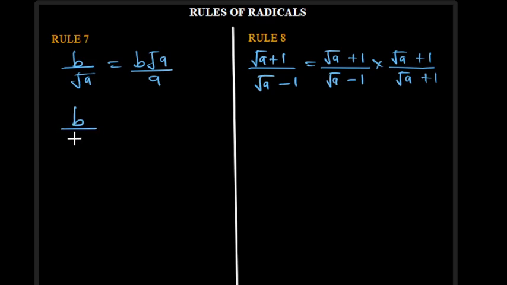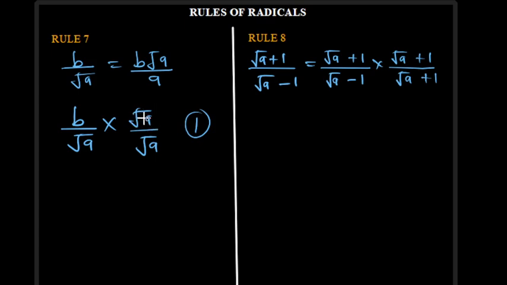When we have b over root a, all you need to do is multiply by root a over root a. Now don't forget, this root a over root a is the same thing as 1. So multiplying by root a over root a doesn't change any results. The results still remain the same.